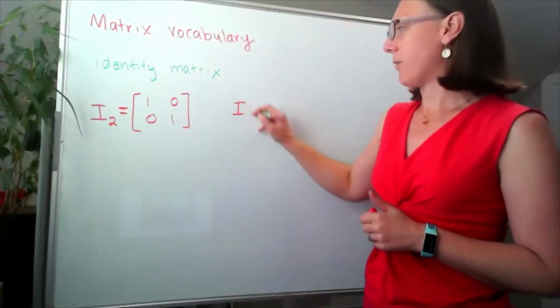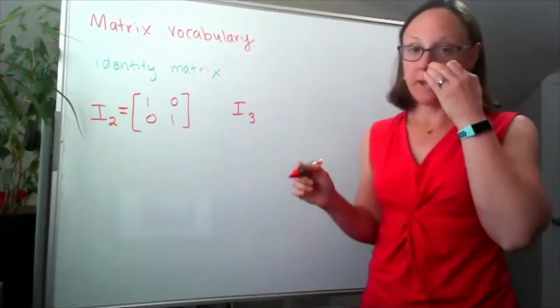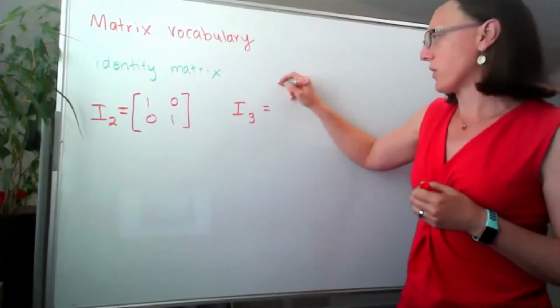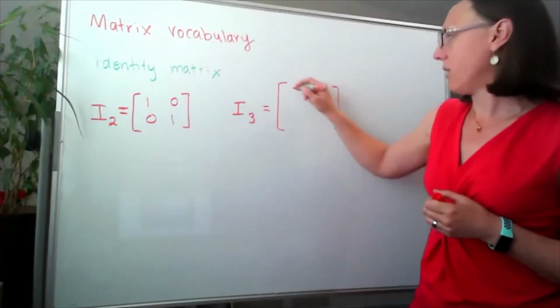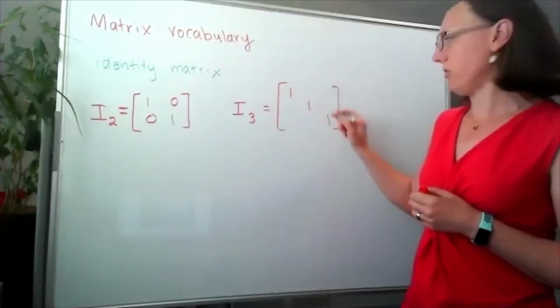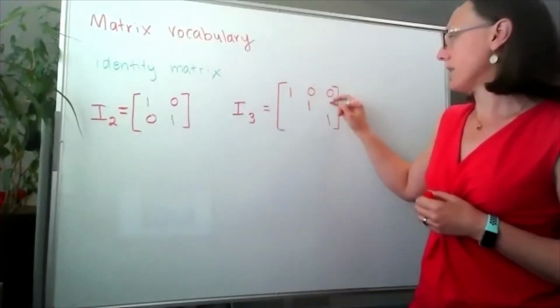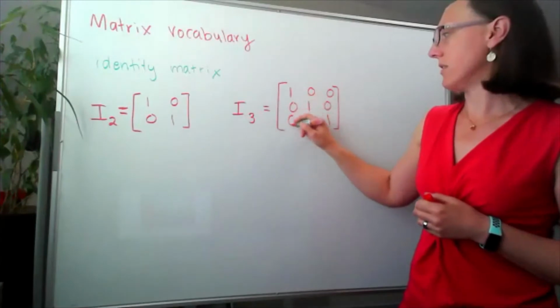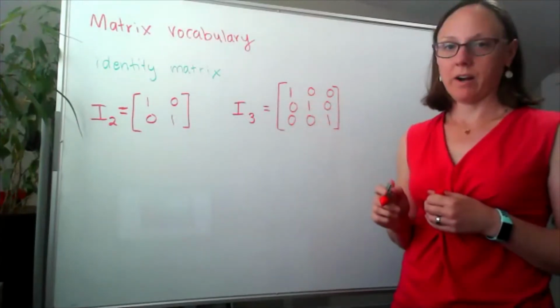If I write an I with a subscript of 3, that matrix is going to look like 1, 1, 1 on that primary diagonal and zeros everywhere else.